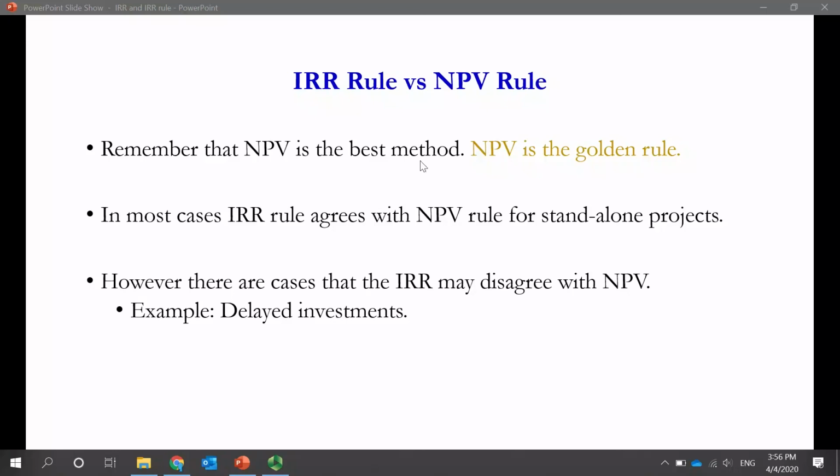In most cases, IRR would agree with the NPV rule for standalone projects. In the next videos, we will talk about the cases where IRR might not agree with the NPV rule. Those usually happen when we want to choose among multiple projects that are mutually exclusive.